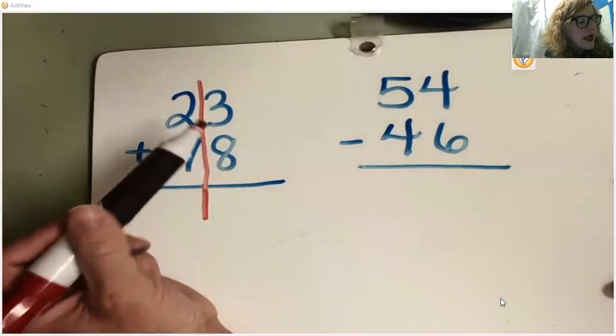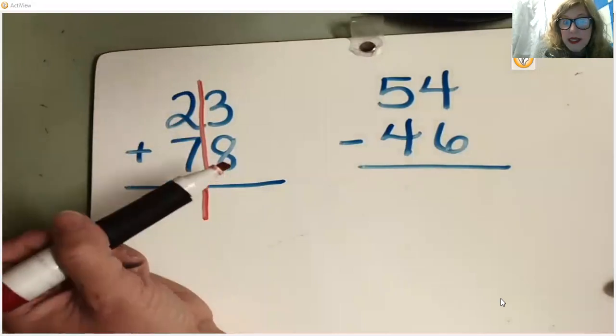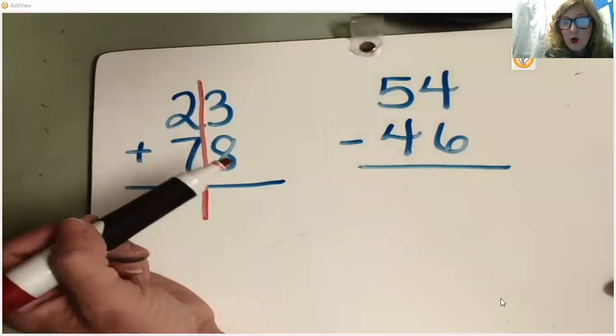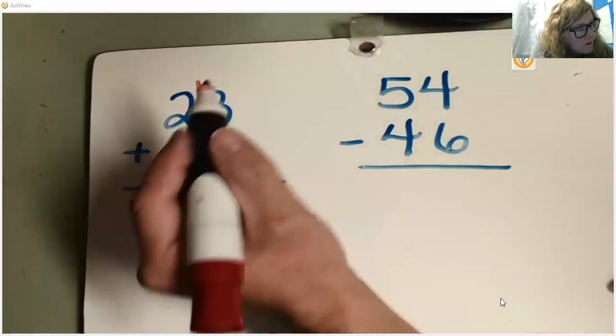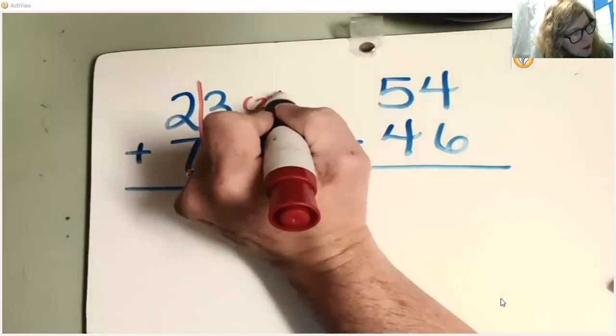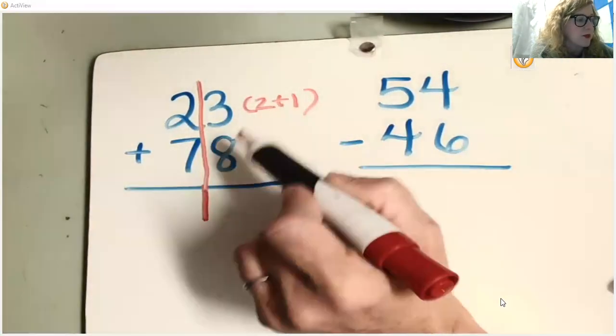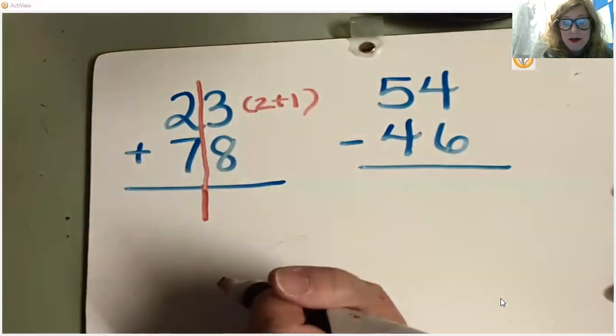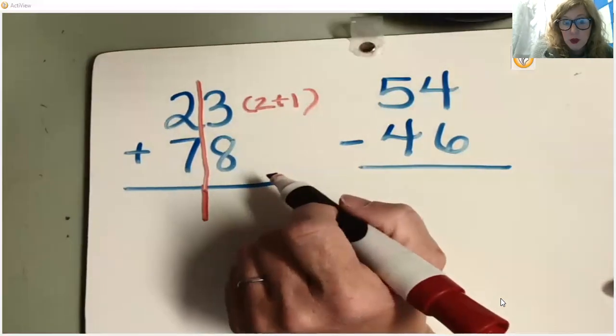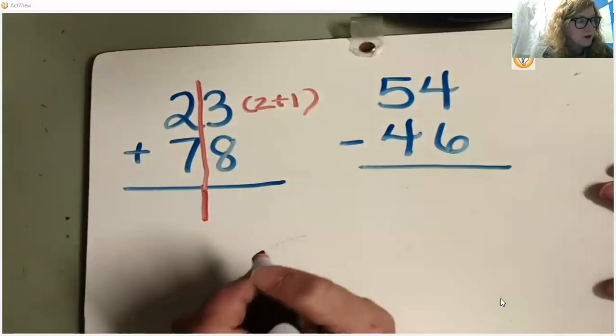So 8 plus 3, well, we can count up from 8 or we know to make it 10, 3 is 2 plus 1 because we need 8 plus 2 to make it 10. So our answer either way is 11.